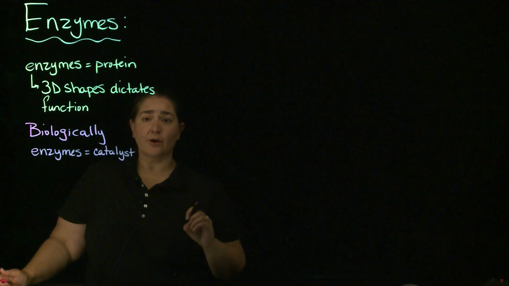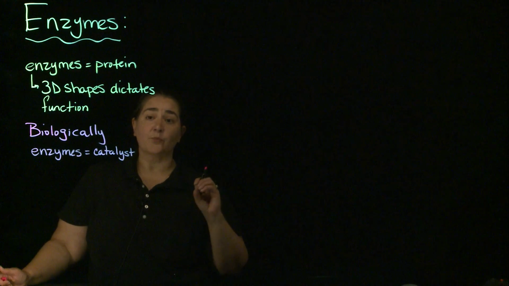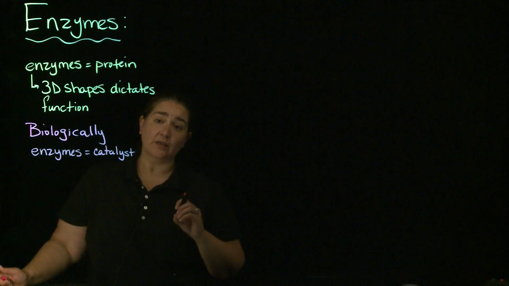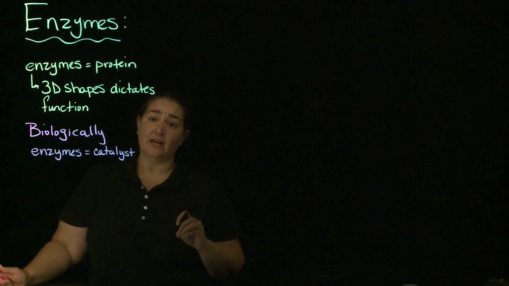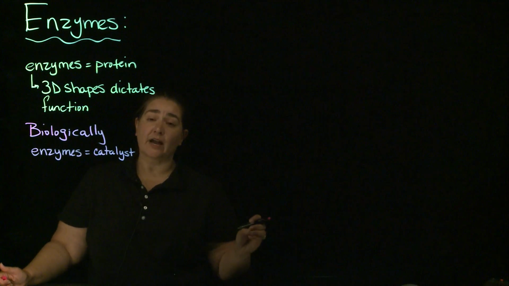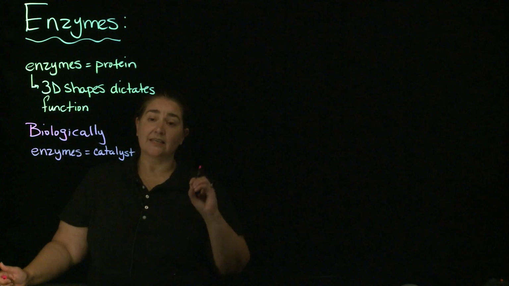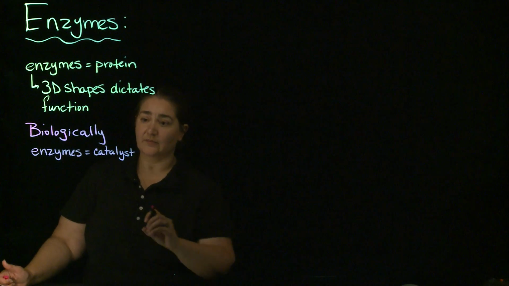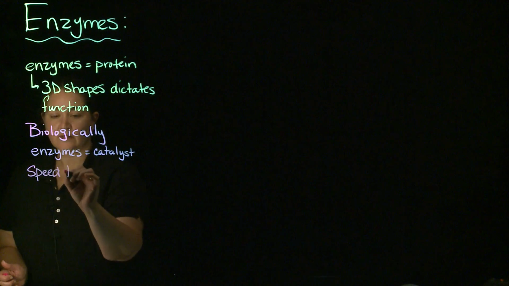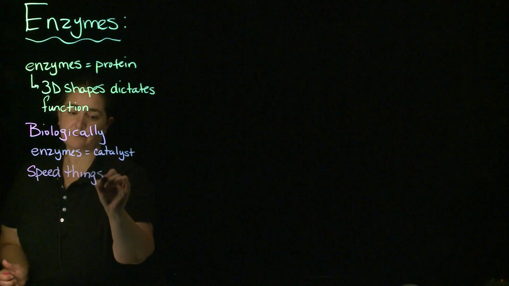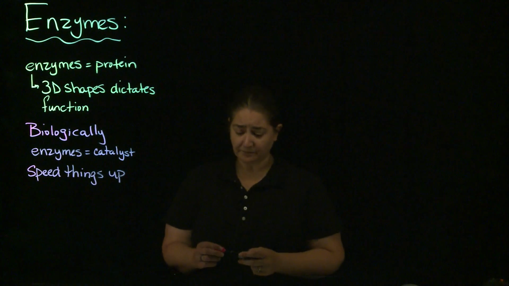If you remember from your chemistry class, catalysts are products that are added to a chemical reaction, but don't change the overall chemical reaction. They just make the chemical reaction go faster. And that's what enzymes are doing in our cells and within our body, all right? Enzymes are there to speed things up, to make chemical reactions go faster.